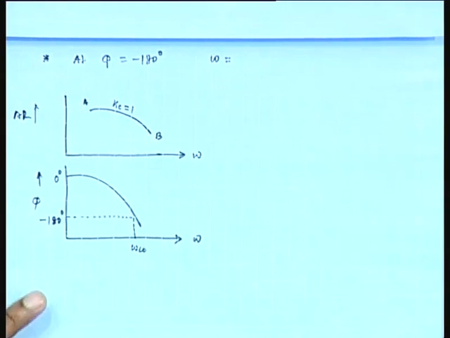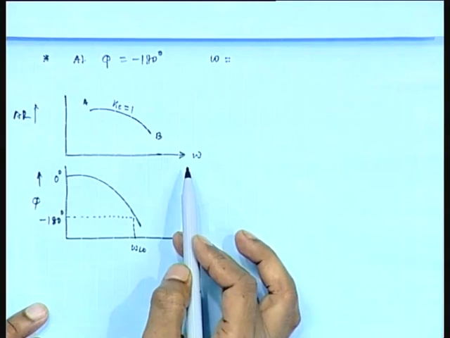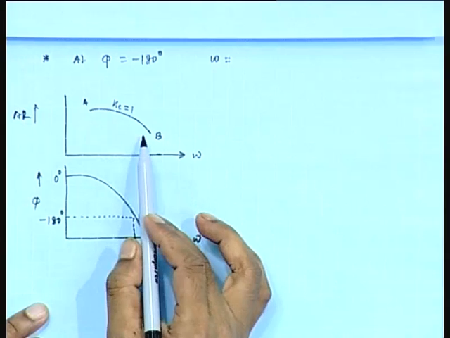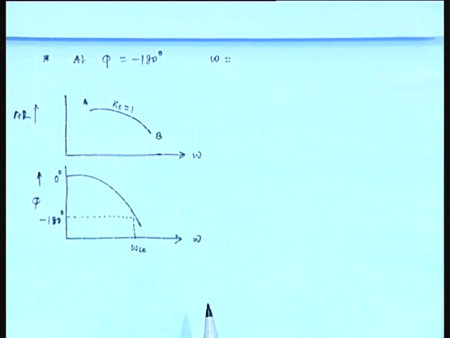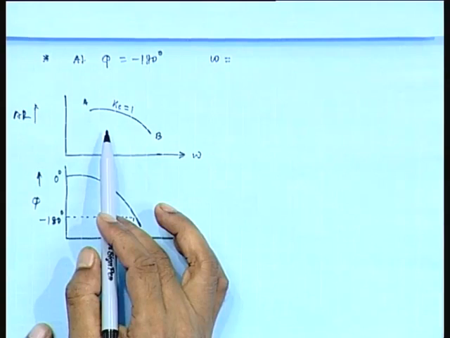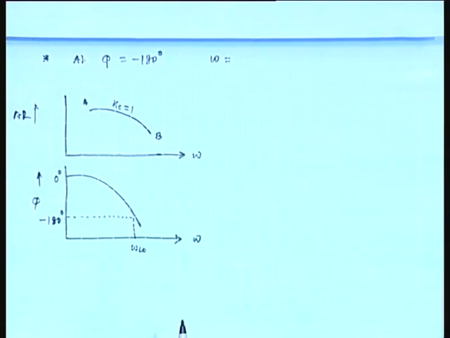Fine. This AB curve, I mean this is the amplitude ratio versus omega plot we obtain considering Kc equals 1. That means the Kc value we have taken lower than the critical Kc value.